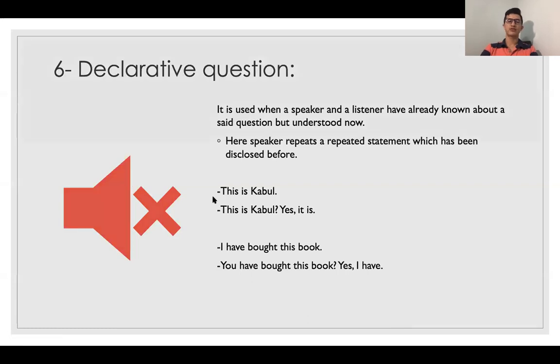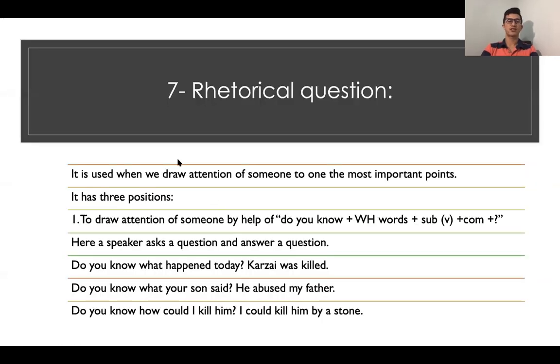Okay, the seventh type of interrogative question is rhetorical question. So when you're making a rhetorical question, in fact you are trying to attract the attention of someone to the most important point.